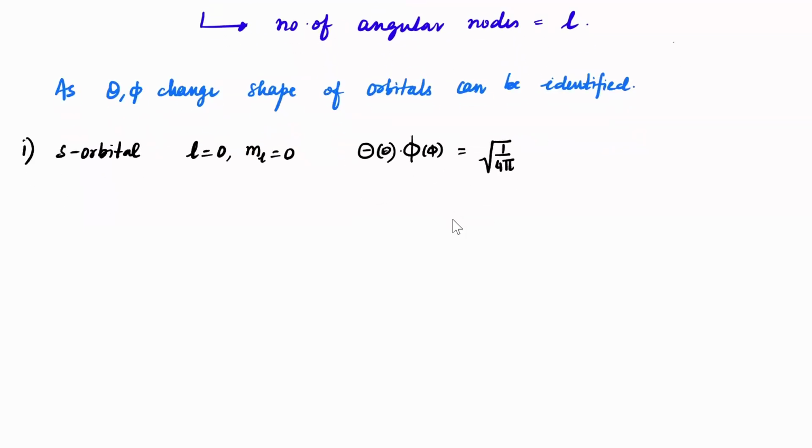Now, what does this value suggest? The value suggests that the s orbital is actually independent of theta and phi. So you would not see a case where, just by changing the angle, you get more probability, less probability, or zero probability. Can you think about this case?